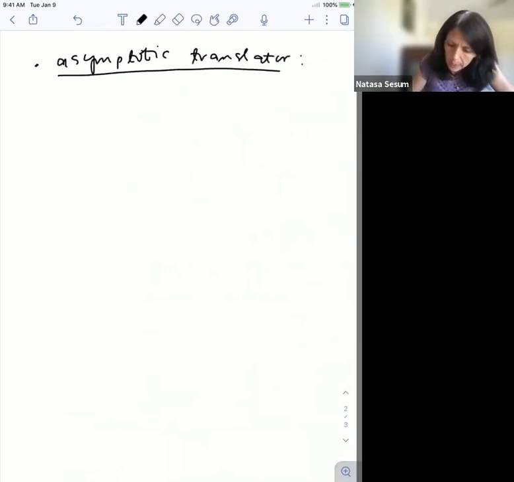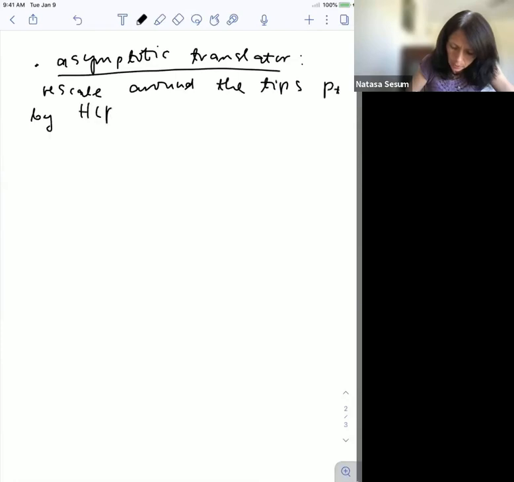Okay, so how do we see that? Well, rescale around the tips, P_t, by the mean curvature at the tips.